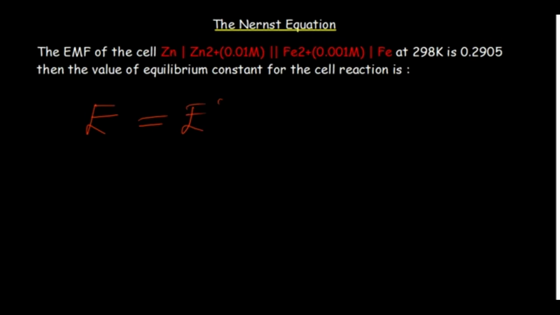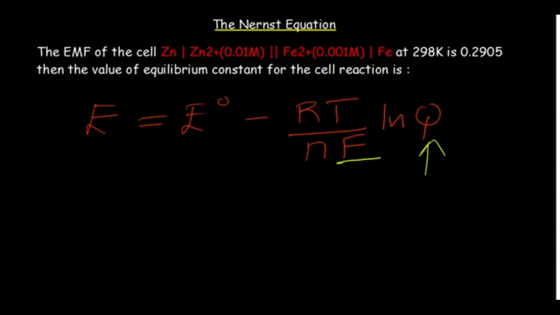you are given the standard cell potential, and then of course R is a constant. You are given the temperature, the number of electrons, and also Faraday's constant, and then the natural log of our quotient Q. So all these things should be available. Q is determined using the concentrations, and Faraday's constant is a constant.